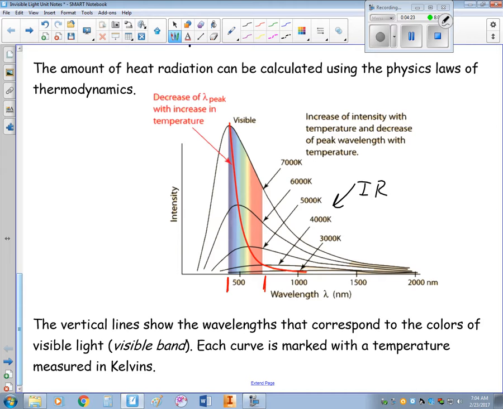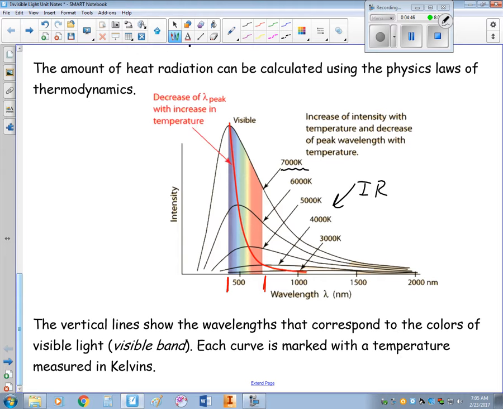At about 7,000 Kelvin, the object becomes so hot that it starts to emit wavelengths in the visible light spectrum. So think about an oven or a piece of metal. When you first get a piece of metal hot, it looks like a cold piece of metal. You can't tell that it's hot.